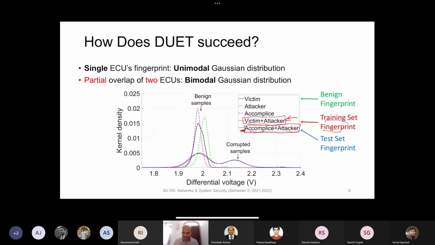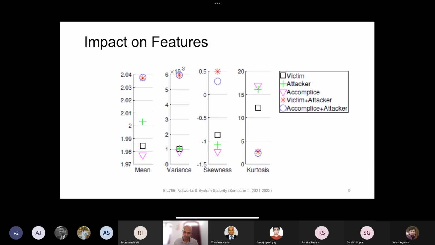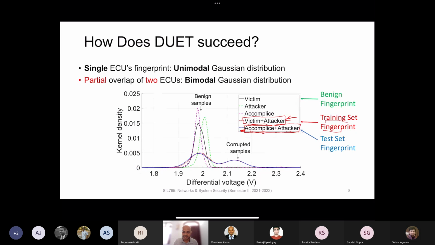During the training phase, the attacker actually adds the malicious voltages to the victim's transmission. But in the current scenario, the accomplice is impersonating and the attacker is assisting.